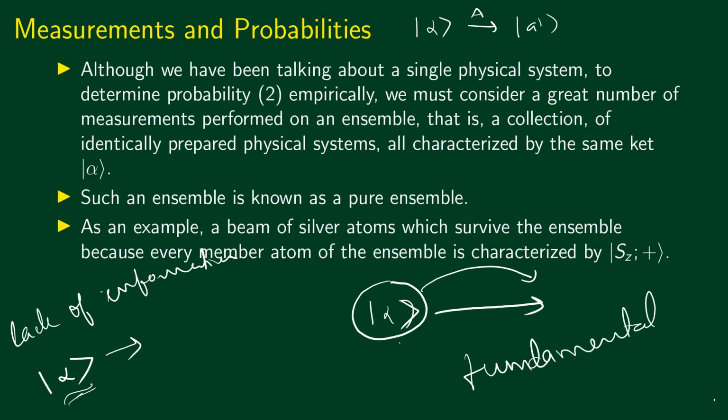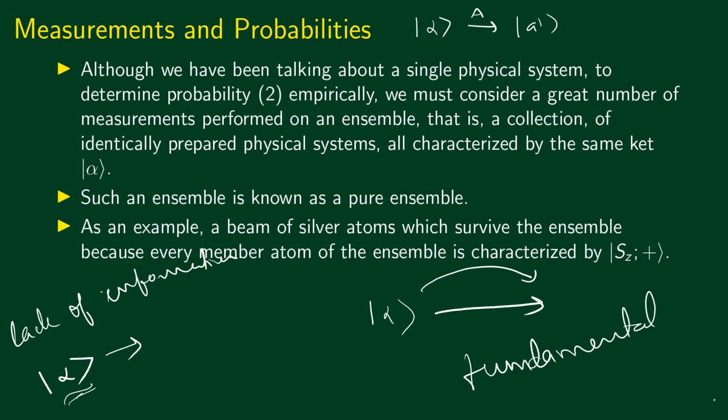This probability description cannot be avoided by collecting more information about the system. You cannot simply avoid these probabilities by collecting more information. This is there in a very fundamental manner. So you have to understand that these probabilities that we are talking about in quantum mechanics are quite different from the probabilities that we talk about in classical mechanics.